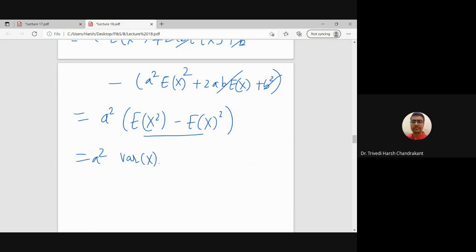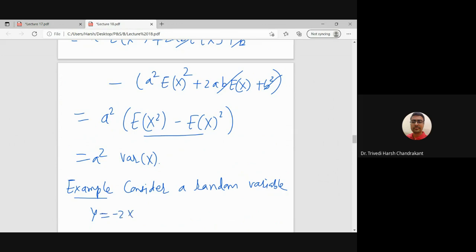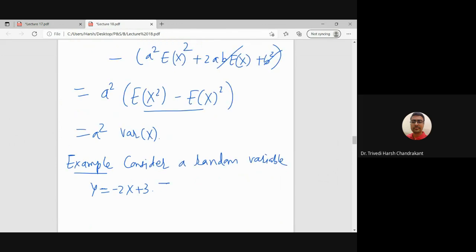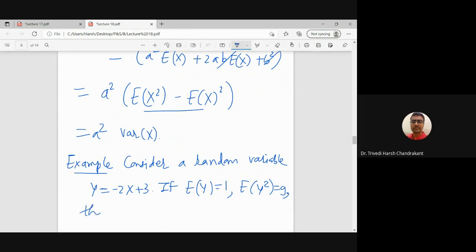So these things we can use in some example. Consider a random variable y equals minus 2x plus 3. If expectation of the random variable y is 1 and expectation of random variable y square is 9, then find the mean and variance of the random variable x.